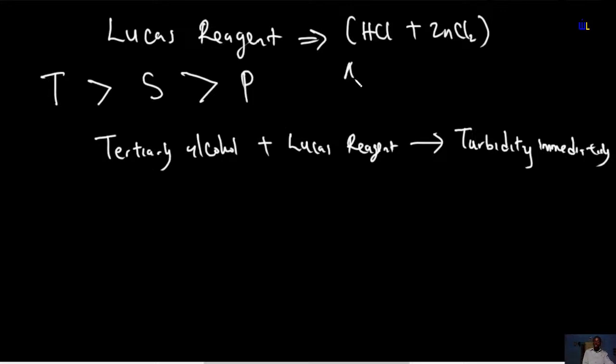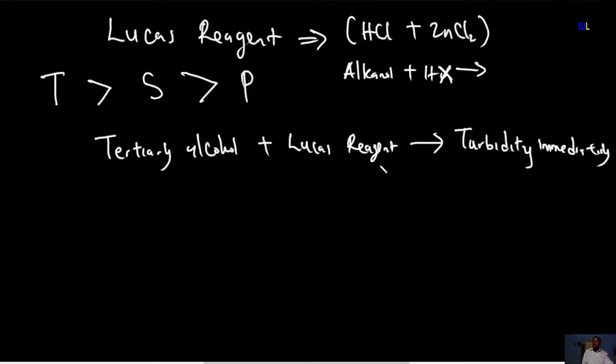For the reaction of an alcohol with a hydrogen halide, let's use X to represent the halide: the fastest is tertiary, followed by secondary, followed by primary. So the way to differentiate between tertiary, secondary, and primary is using this reaction.